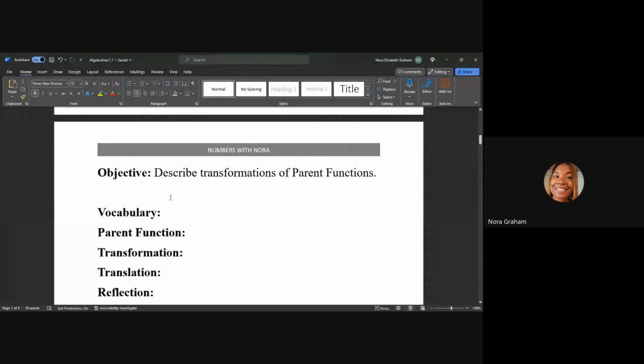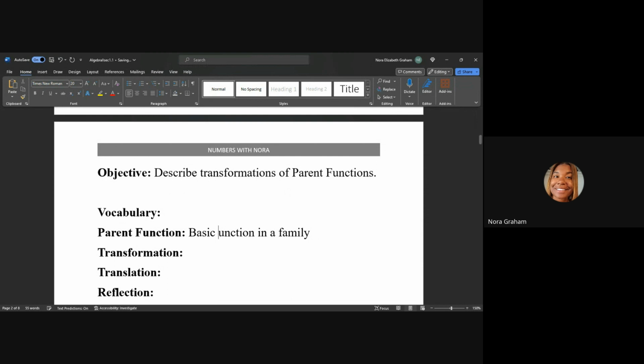The objective of this lesson is to describe transformations of parent functions. And so as always with math, let's start with our math vocab so we understand what we're doing. A parent function is just basically a basic function in a family of functions.